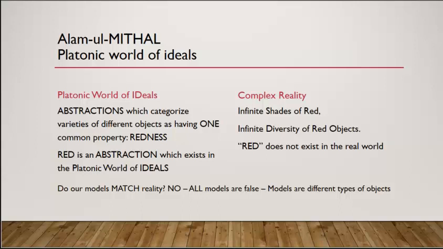So there are things like abstractions, red. Now, what is this red? Is there any red in the real world? No. Red is an abstract concept. I can point to red objects. This is a red sweater. This is red. But red is a category which exists in my mind. It doesn't exist in the real world.